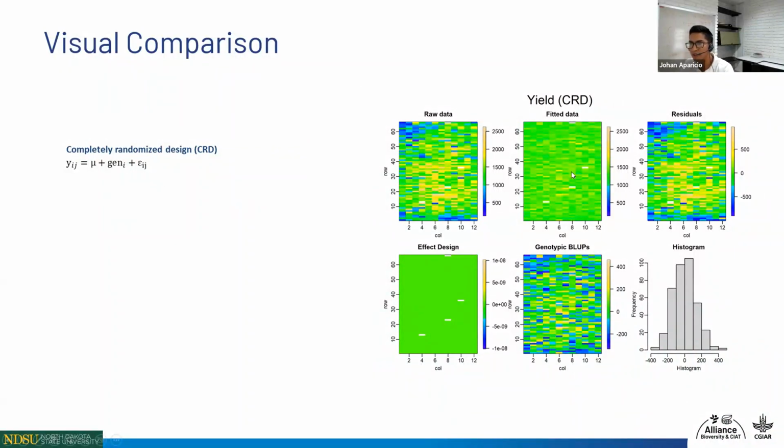The raw data and the fitted data don't look very similar, and that's why the residuals are basically reflecting what we have in the raw data. That means that we are not modeling many sources of variation, and the residuals are not independent, because what I see here is a clear pattern. In the middle we have higher values, and in the borders we got lower values.